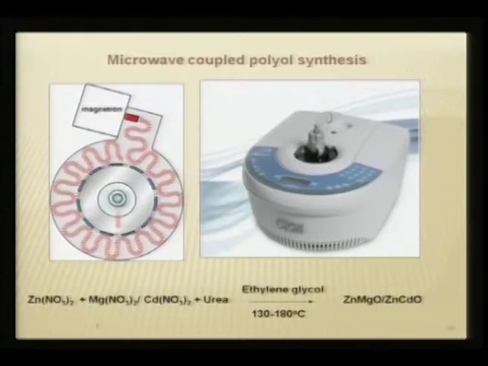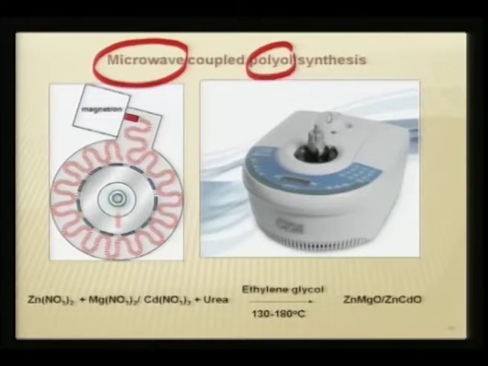Microwave coupled synthesis is used predominantly in organic synthesis also, but what we are trying to do is use microwave, and also use a polyol to hydrolyze the zinc salt in order to get zinc oxide in a one pot reaction. Now, this is a cartoon that shows what microwave coupled polyol synthesis is.